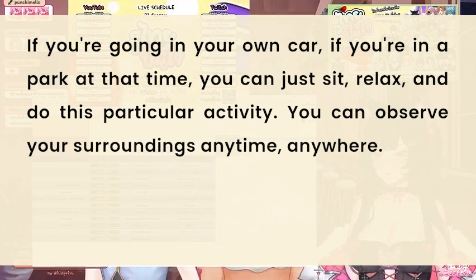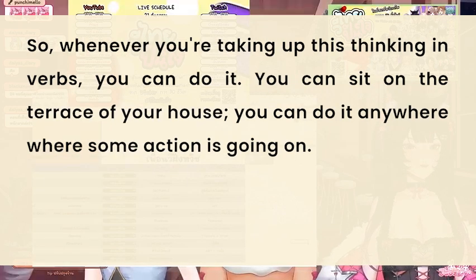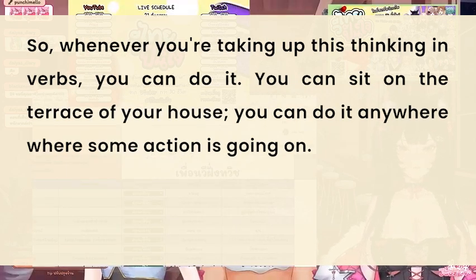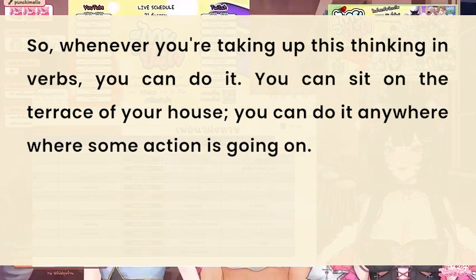You can observe your surroundings anytime, anywhere. So, whenever you're taking up this thinking in verbs, you can do it. You can sit on the terrace of your house. You can do it anywhere where some action is going on.